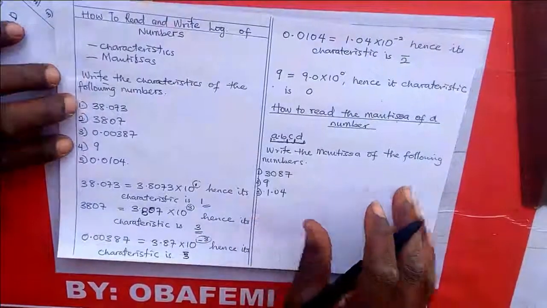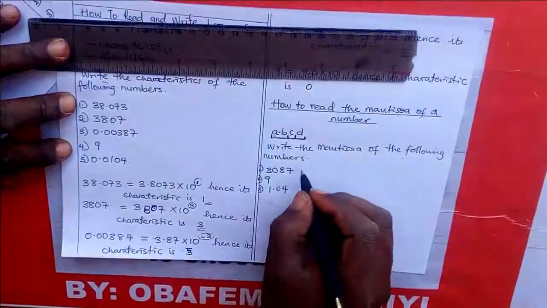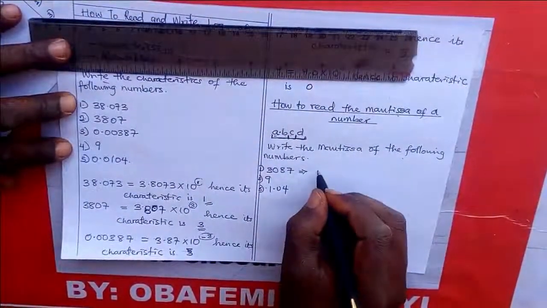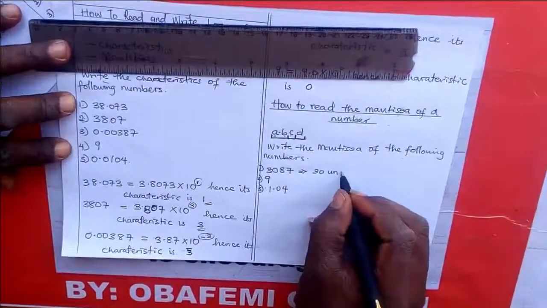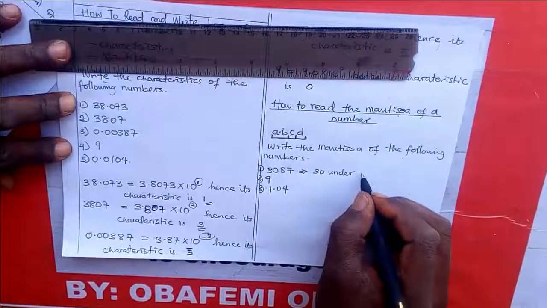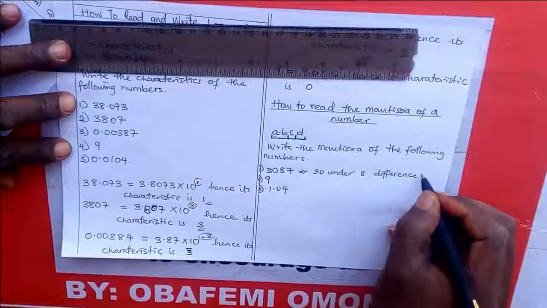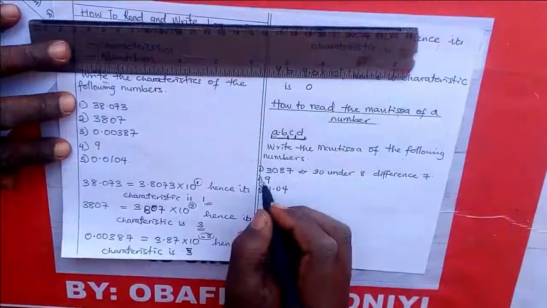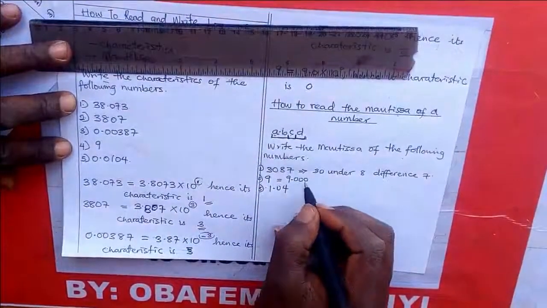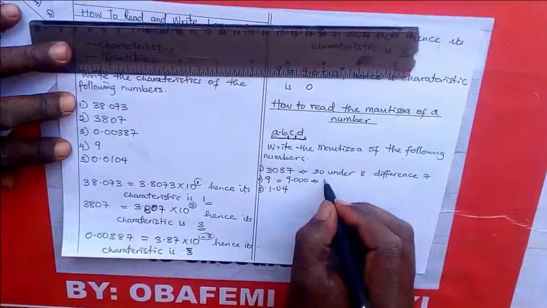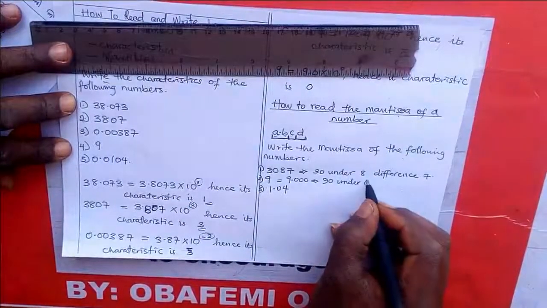So how do you read the mantissa of this number? For this one, it implies that you have to read 30 under 8, difference 7. This one is equal to 9.000, so it implies you are going to check 90 under 0, difference 0.